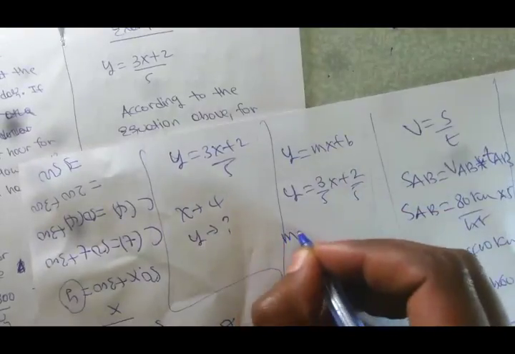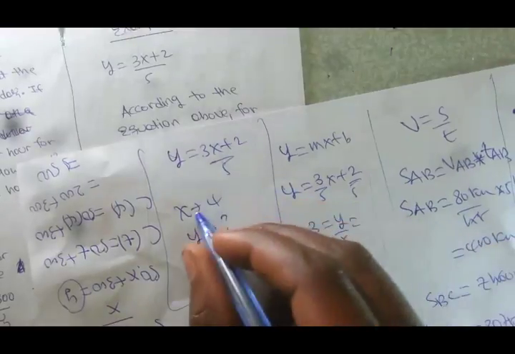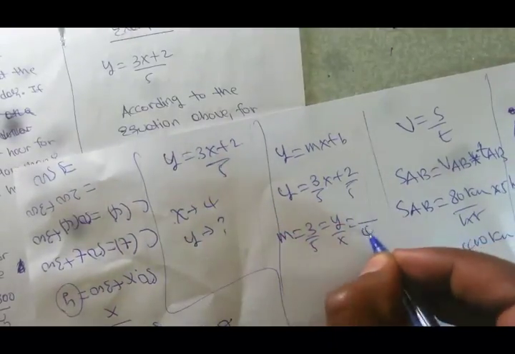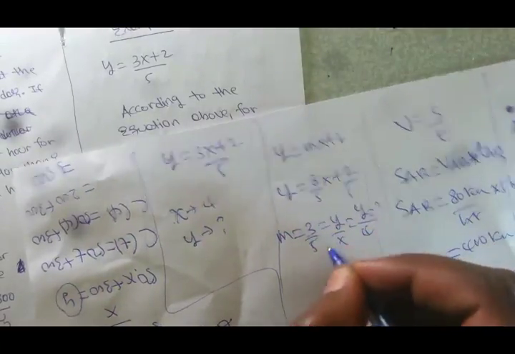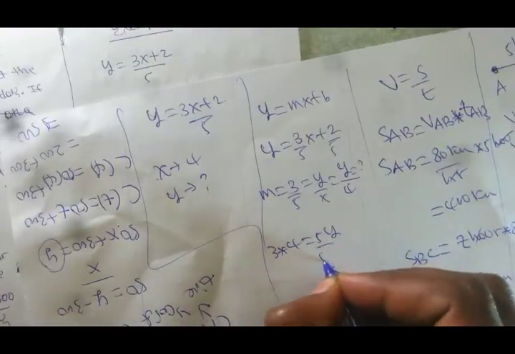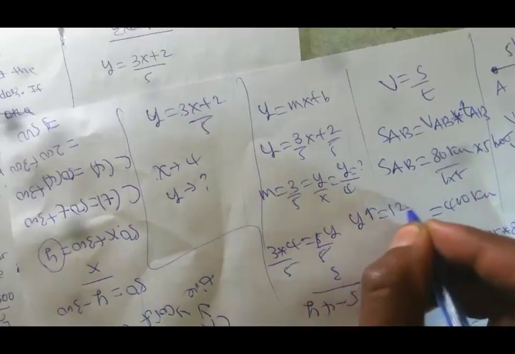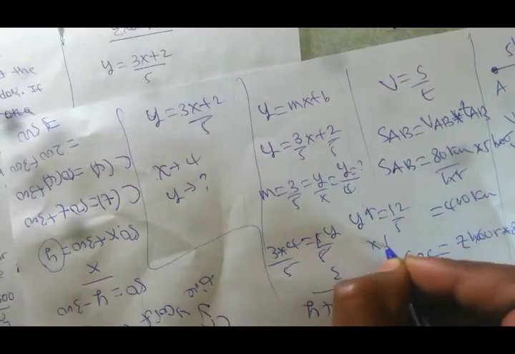Therefore the slope is 3 over 5, or y over x. When the value of x is 4, we cross multiply: 3 times 4 is equal to 5 times y, over 5 over 5. Therefore y will increase by 12 over 5 when the value of x increases by 4.